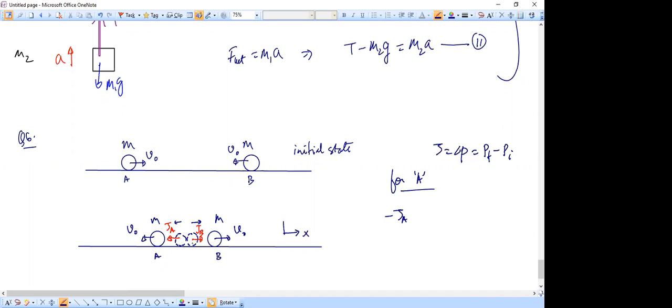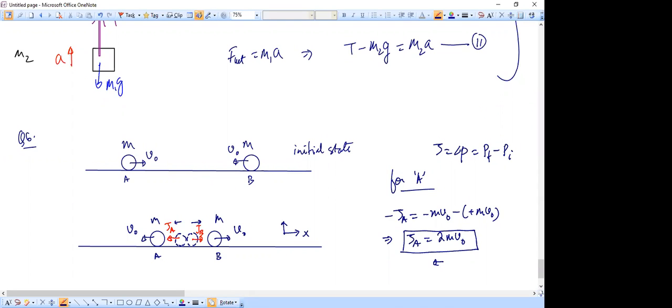So the impulse is acting in the negative direction. The final momentum is minus mv naught, whereas the initial momentum was plus mv naught. So the impulse acting on A is equal to 2mv naught in magnitude, and the direction is backwards.